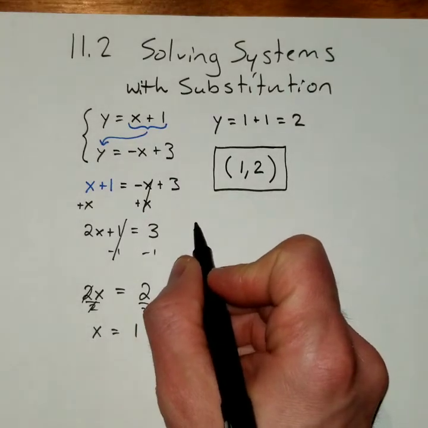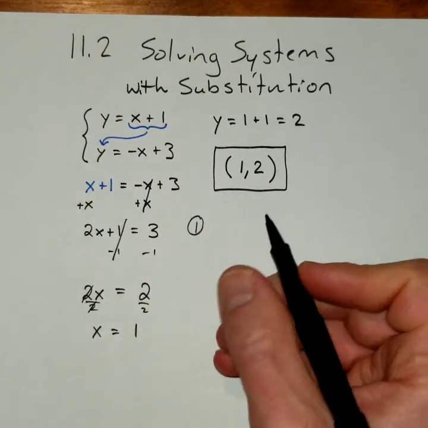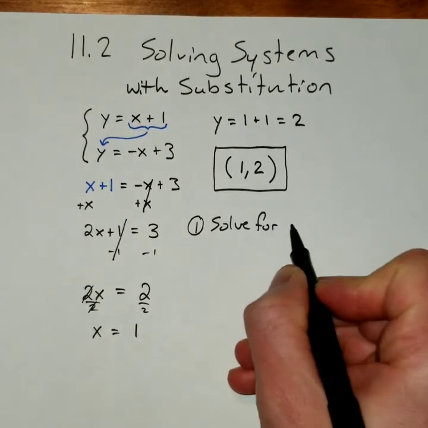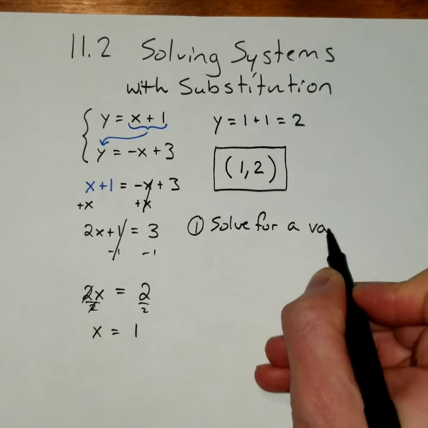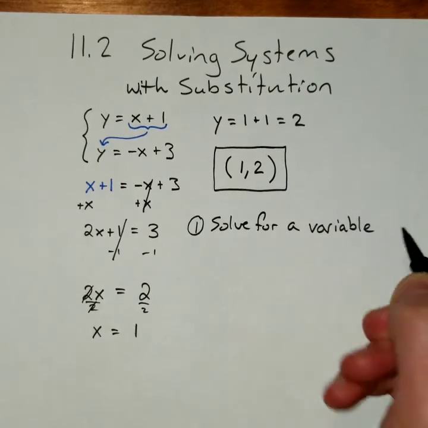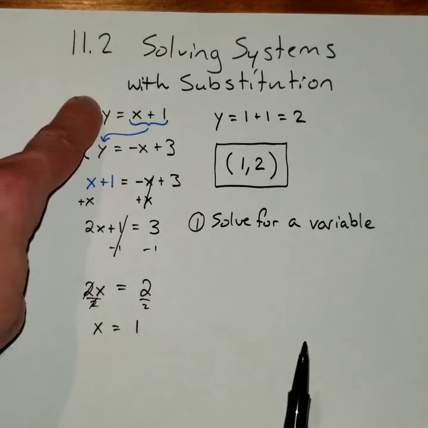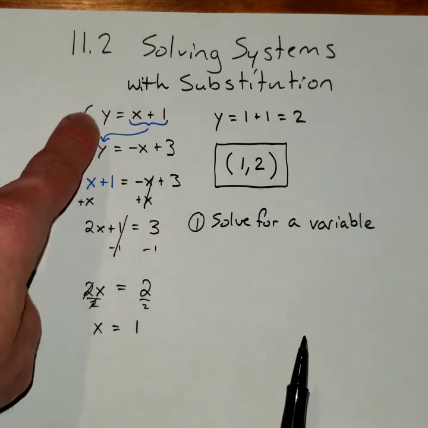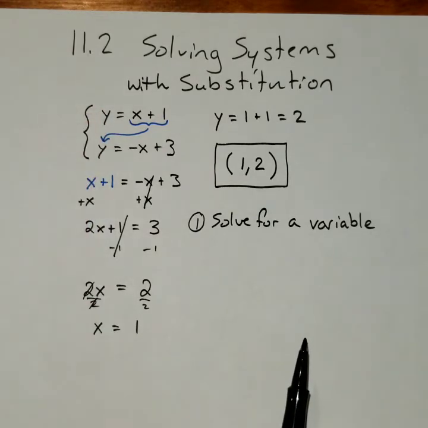Step number 1 is to solve for a variable. In this one, the variable was already solved for. We already had y by itself, but sometimes that's not the case and you've got to get a variable by itself.